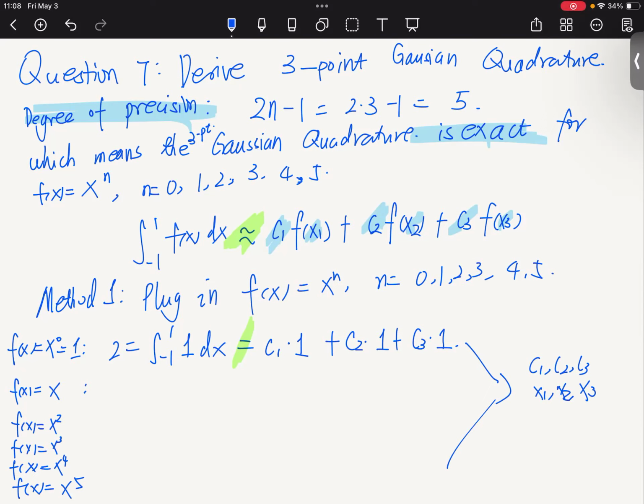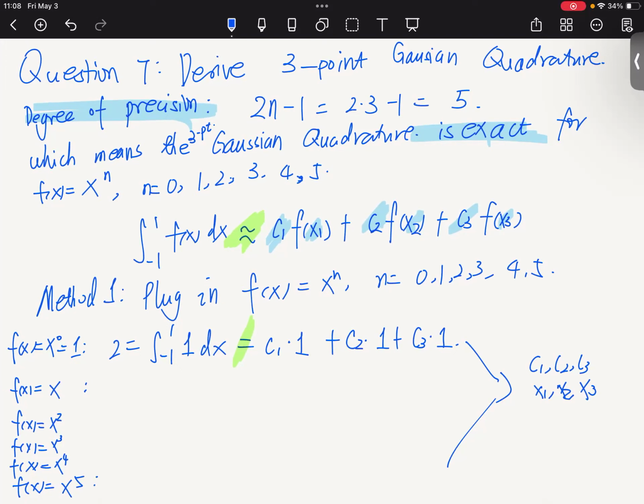If you take a look at the 6th equation, you need to do the integral from -1 to 1 of x to the 5 dx, and on the right hand side things will become very complicated. This is not just a linear system of equations.